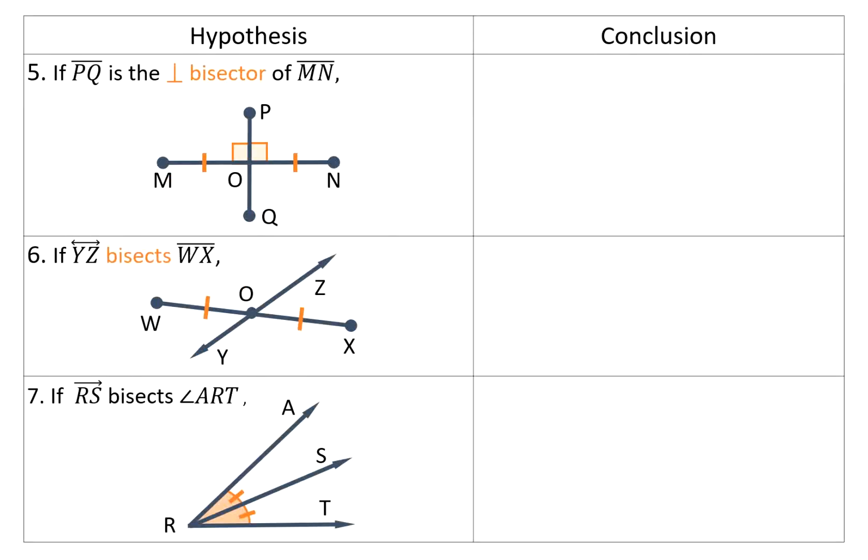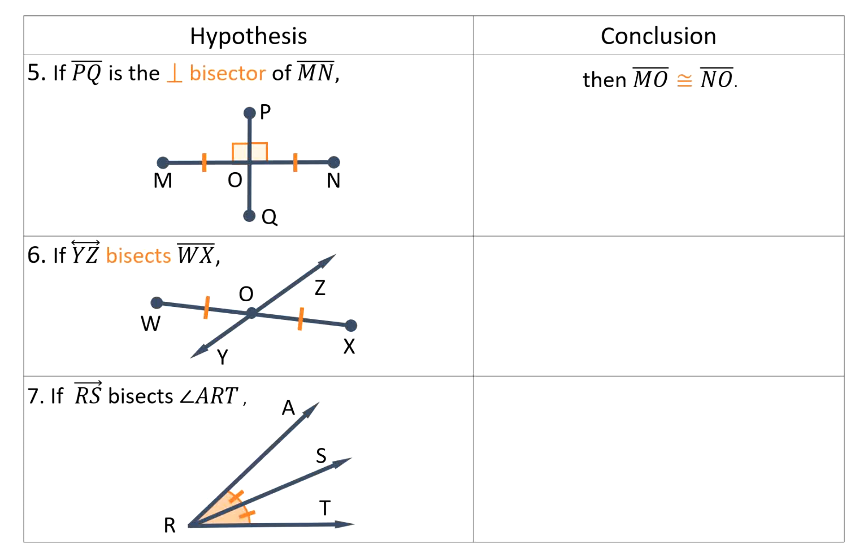Next, number 5. If line segment PQ is the perpendicular bisector of line segment MN, nakikita nyo dito sa figure natin. Ano kayang pwedeng maging conclusion? Ang magiging conclusion natin would be line segment MO is congruent to line segment NO. Bakit? Kasi yung line segment PQ, hinati niya yung line segment MN into two congruent parts, at the same time, at an angle of 90 degrees.